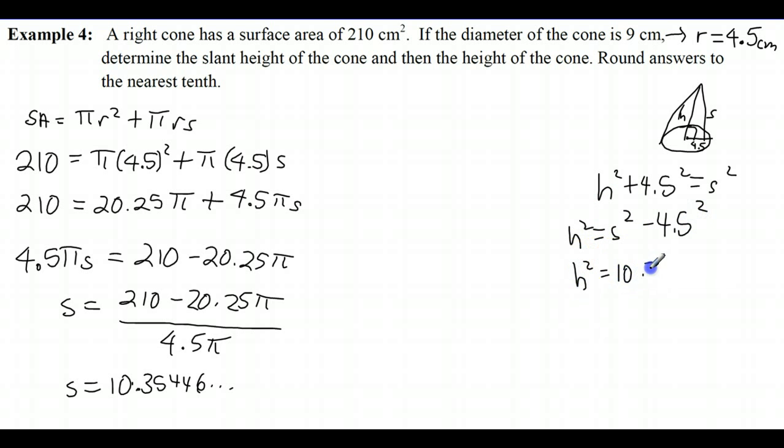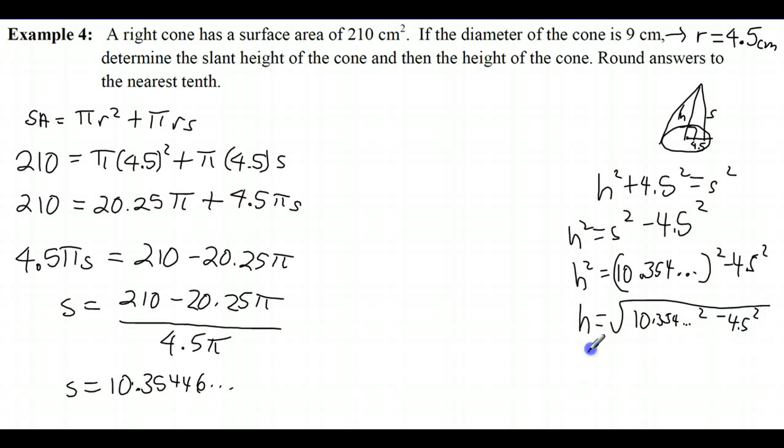So let's go 10.354... squared minus 4.5 squared. Square root of 10.354 squared minus 4.5 squared. Okay, so how do we do this on our calculator?